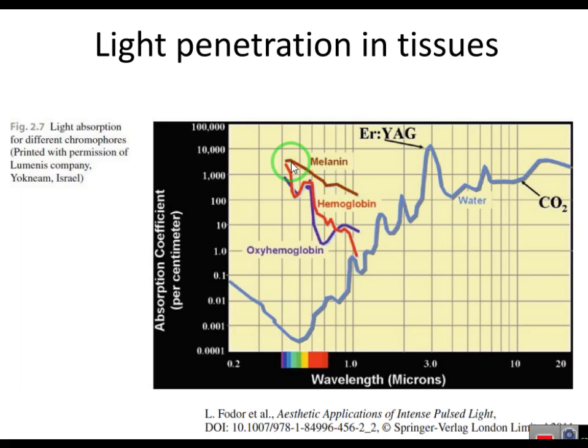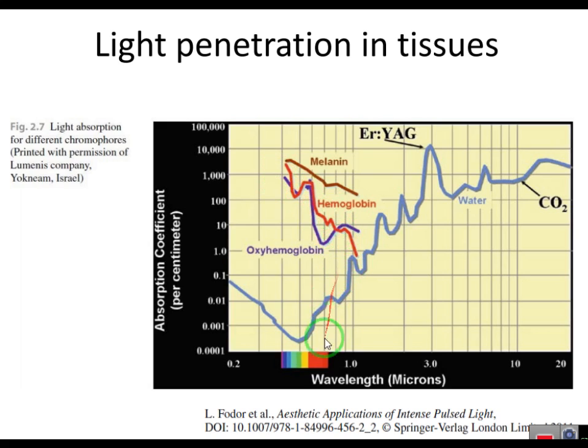The coefficient related to the lights which have shorter wavelength, the blue, is higher compared to the light at longer wavelength, the red. So here in this region, because the absorption coefficient is larger, the light will be absorbed, and as a matter of fact it cannot penetrate into the tissue.